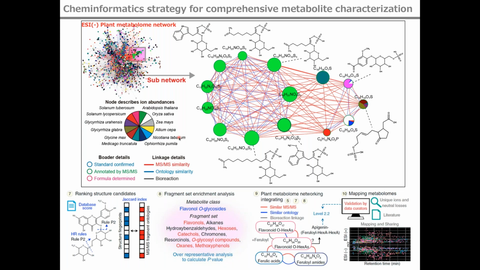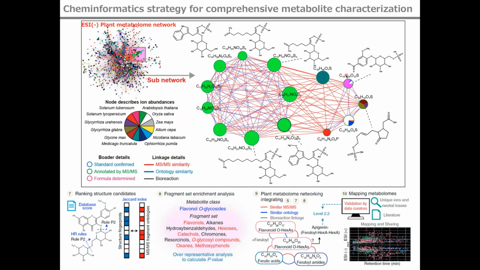For example, this metabolite was originally unknown, and it was connected to a glucosinolate metabolite by MS-MS spectrum similarity, and therefore we could conclude that this metabolite may contain the moieties of sulfate and hexose.